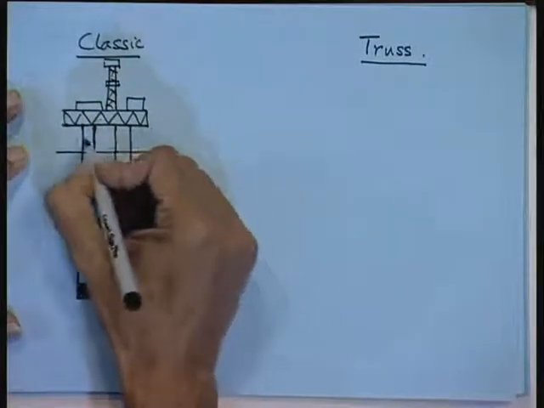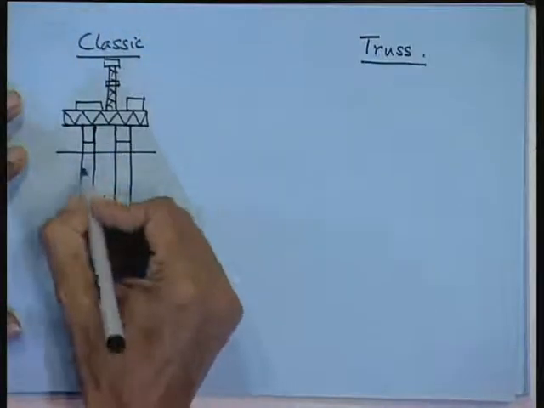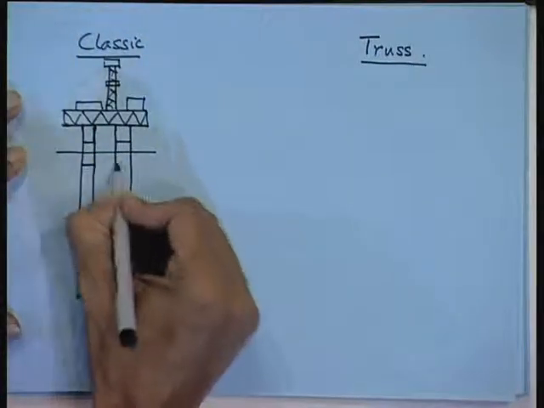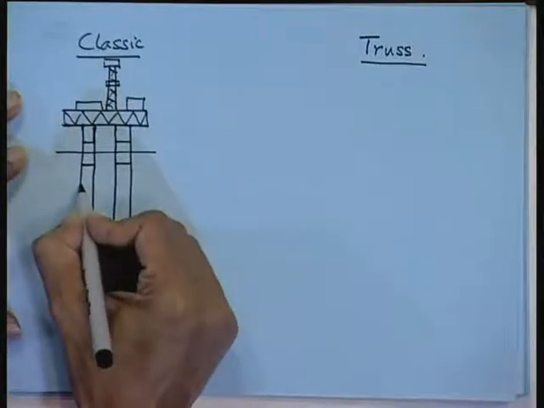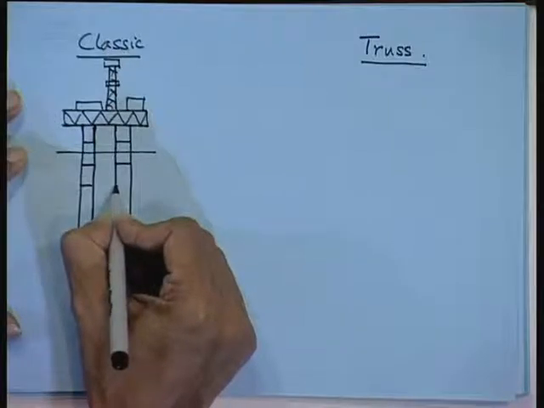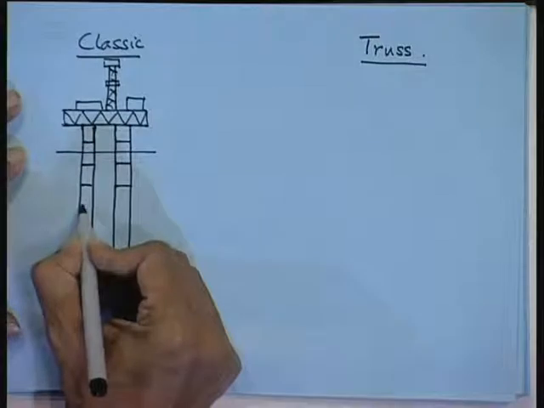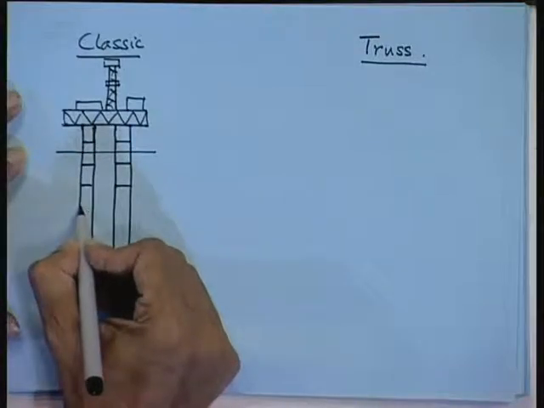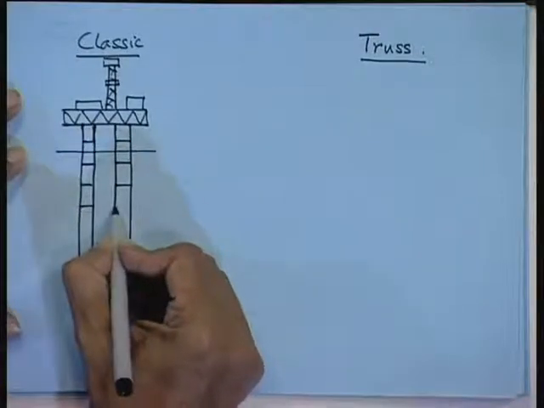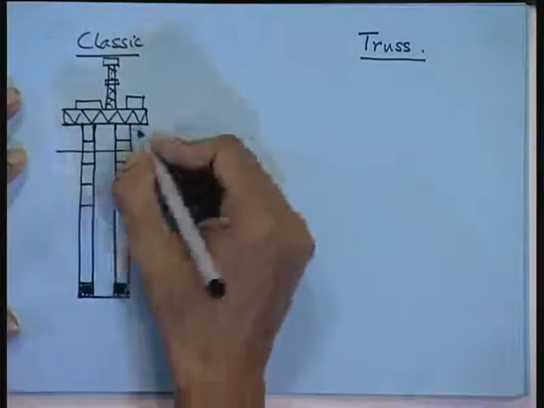And near the water line you have your void spaces. These are essentially buoyancy tanks. Now, in spars you remember that the center of buoyancy is above your center of gravity, unlike ships, where the CG is above the center of buoyancy. So, these are void spaces.